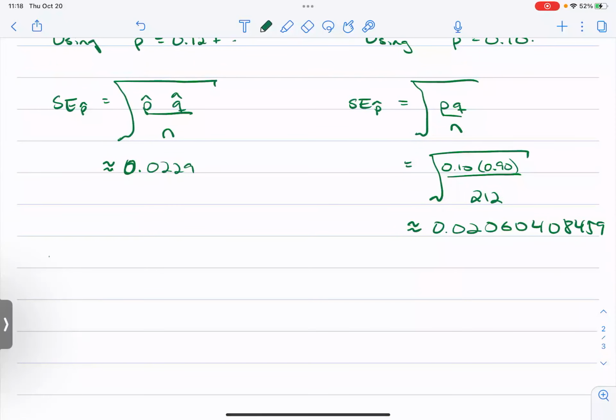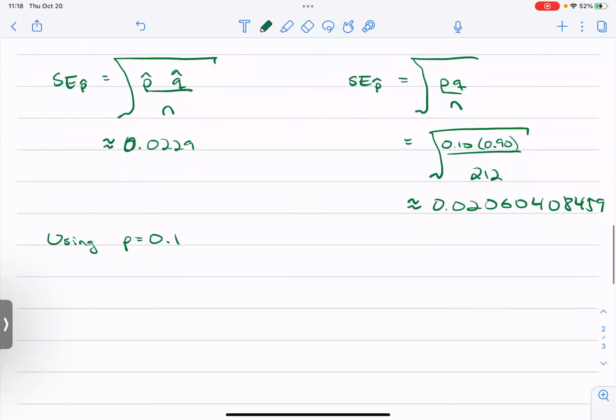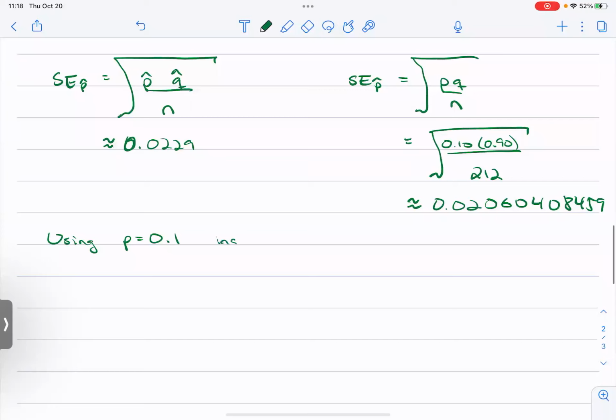So here, using P equal to 0.1 instead of P hat, which was 0.127, does not change the standard error drastically.